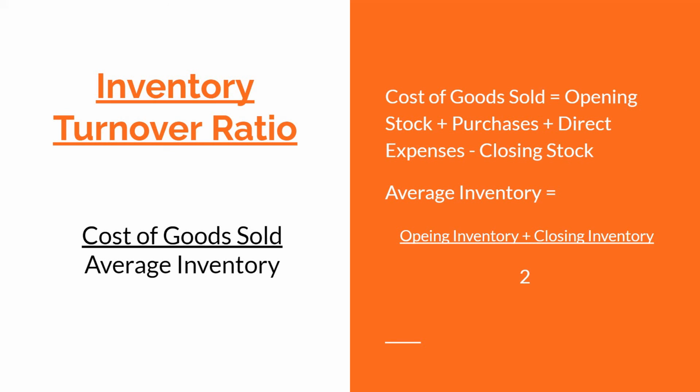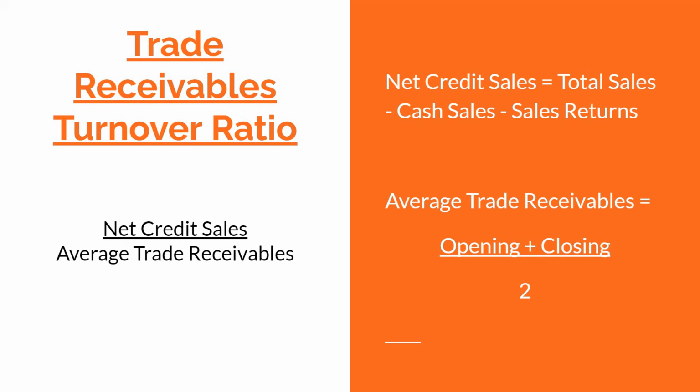That is why we are not comparing it with sales. Let's suppose your cost of goods sold is 8,000 and your average inventory is 2,000. So you will have an inventory turnover ratio of 8,000 divided by 2,000, which is equal to 4, which is a very strong ratio.